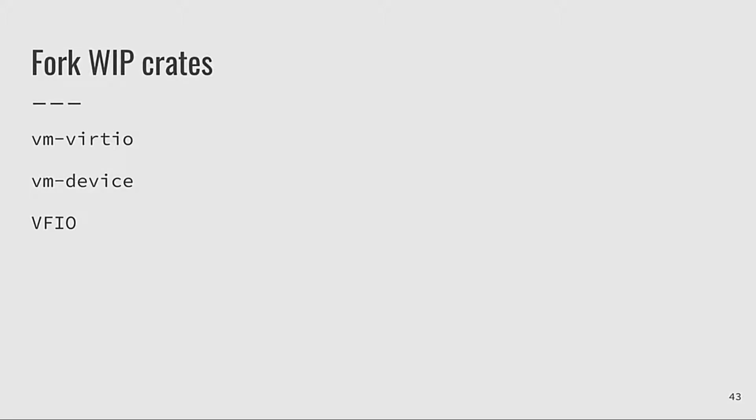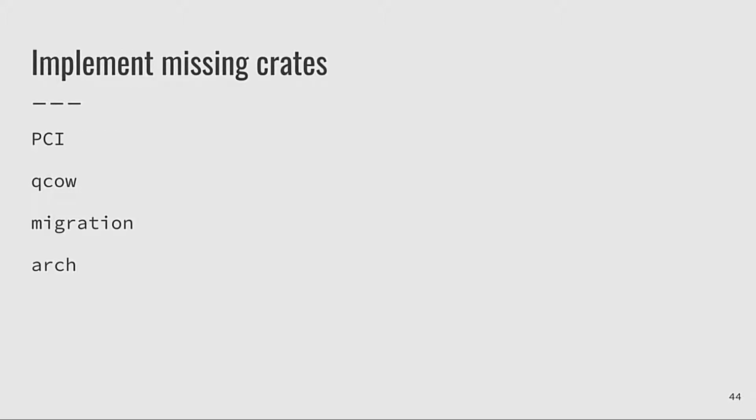Some of the crates in rust-vmm are incomplete, as I said. This is true for the virtio crate, for the device model. So we don't have a device model yet. The VFIO crate is also incomplete. So we fork them into the Cloud Hypervisor repo directly, and we complete it there, and we're trying to push our code back into the rust-vmm crate. And finally, some crates are missing from rust-vmm.